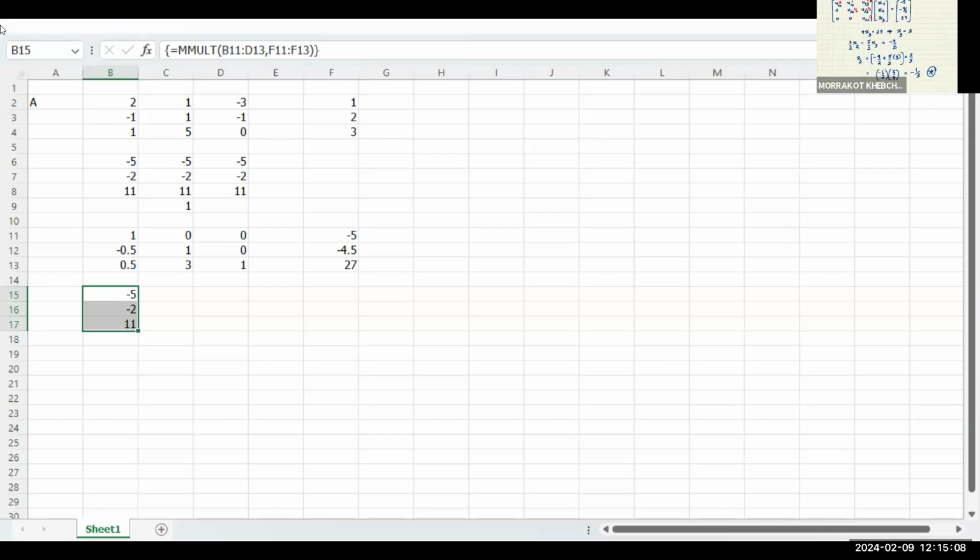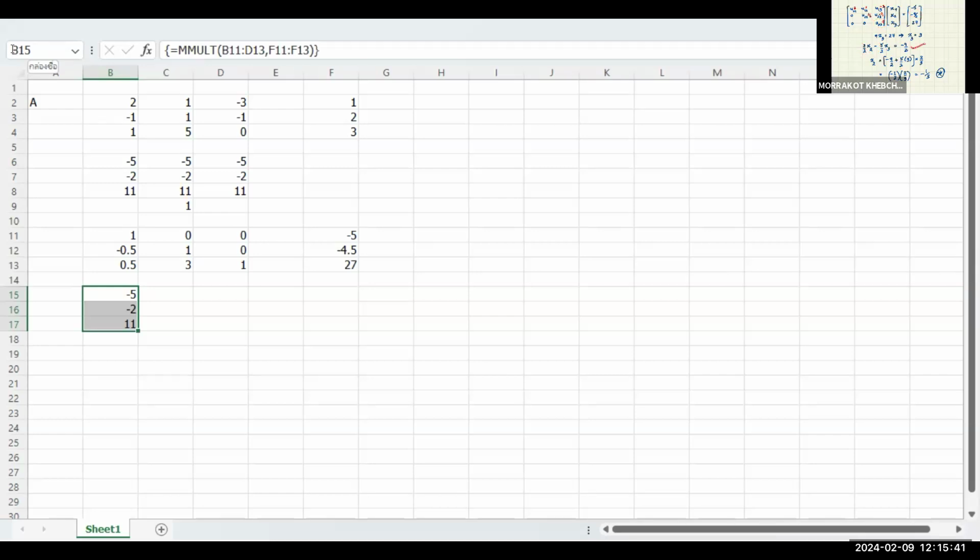And what did I do wrong? Let's see. This is 3/2 x2, correct? Minus 5/2 x3 equal to minus 9/2. Is this correct?